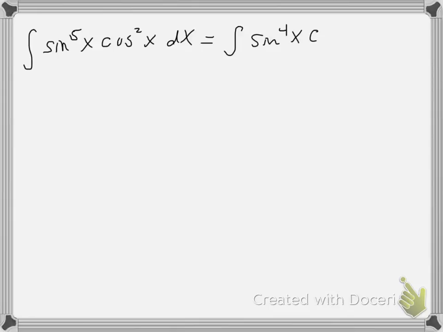Okay, let's see, the integral of sine to the fifth of x cosine squared of x dx. Let's rewrite this to be the integral of sine to the fourth of x cosine squared of x times sine of x dx.